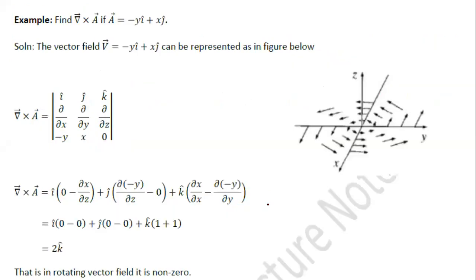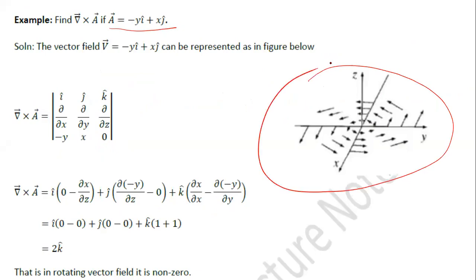Now, suppose I have a vector field like this. A vector is equal to minus y i plus x j. And like I explained before, if you represent it graphically on the xy plane, this A vector will be something like this.